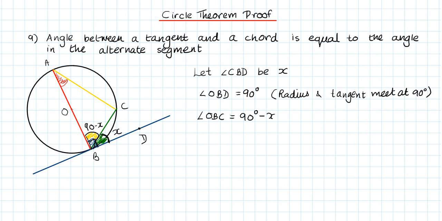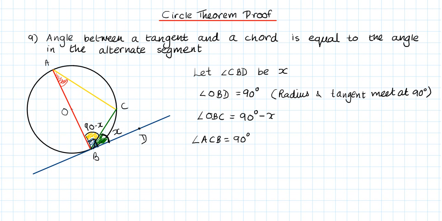Now we look at angle ACB, which is this angle here. It is 90 degrees. Why is that? Well, if we look at it carefully, AOB is a diameter.